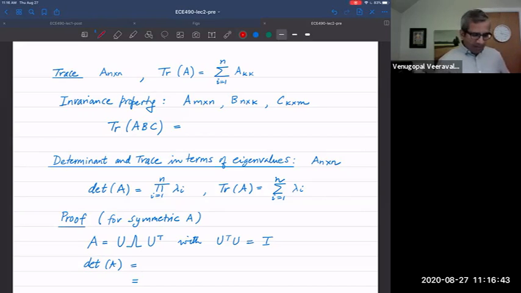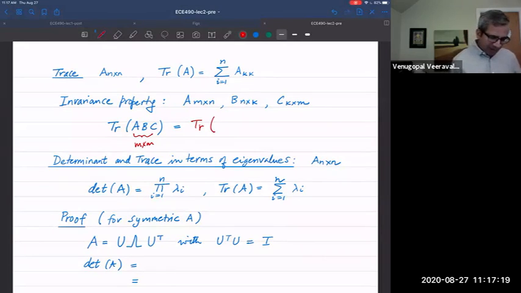What it says is that if I multiply three matrices, and they have to have the right dimensions so that I can multiply them, say A is m by n, B is n by k, C is k by m, then the product is an m by m matrix. Now the invariance property says that the trace of this m by m matrix is the same as the trace of CAB, bringing the C from the right-hand side to the front.